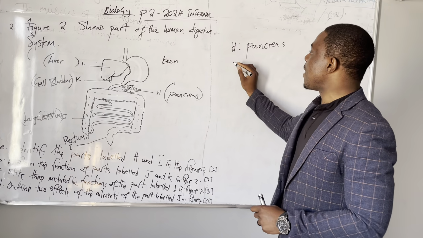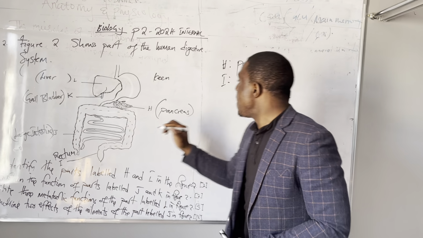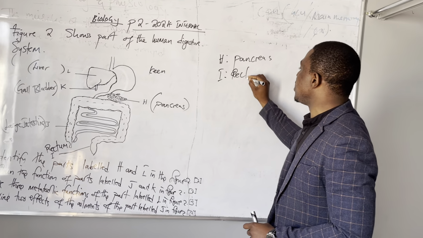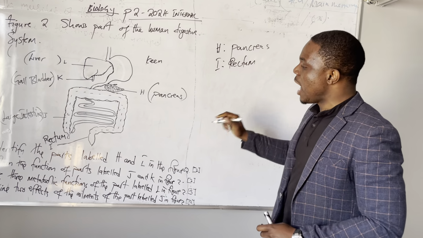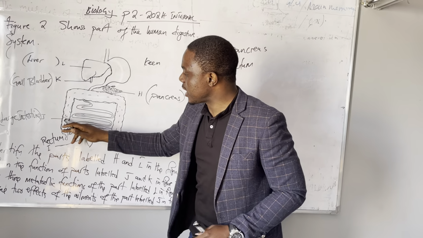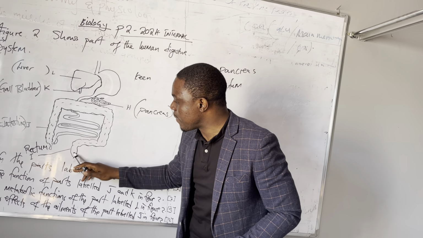If you go to the other part, part I, that is the rectum, okay? As you can see, the large intestine starts from there, then it comes up to that part.